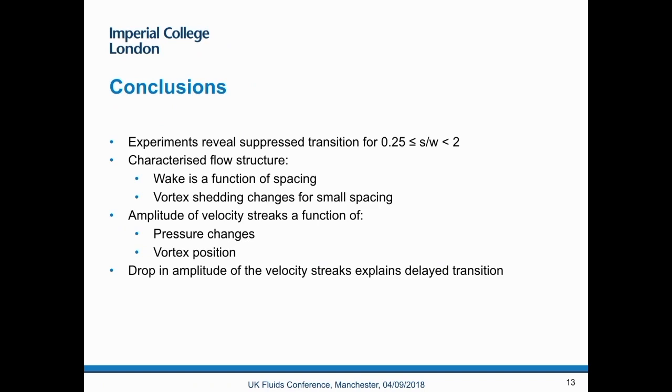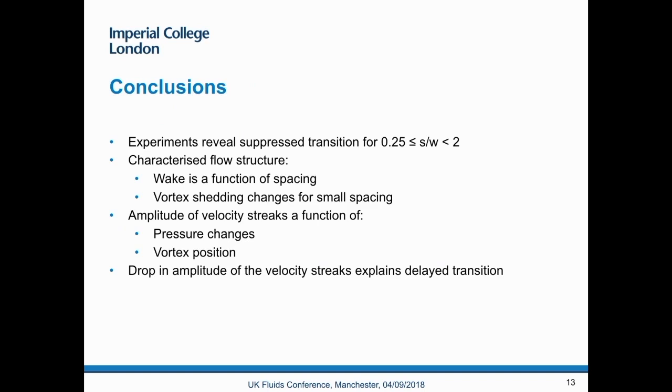To summarize, I've done some experiments that revealed this suppressed transition for intermediate spacings. I've then tried to characterize this using a numerical study. I found that the wake is a function of the spacing, and for small spacings, the vortex shedding does seem to change.